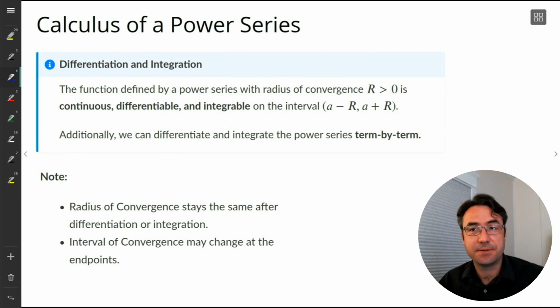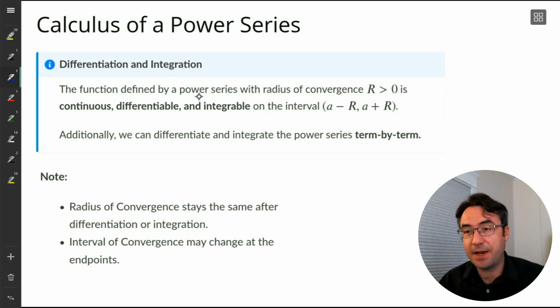And here it is. Basically what this says is, if we have a function defined by a power series, and that power series has some radius of convergence r greater than 0, then that function behaves surprisingly nicely.